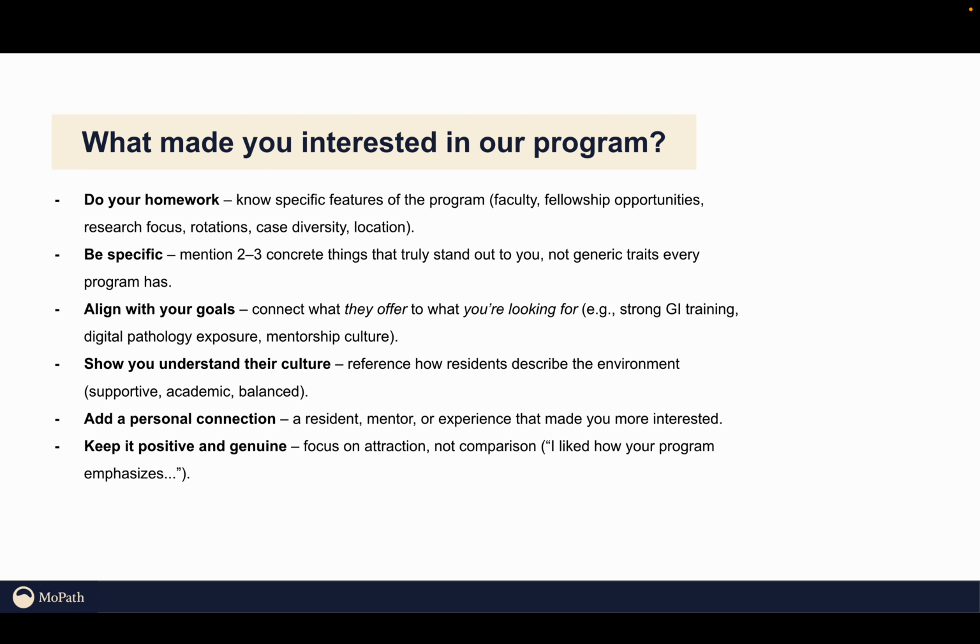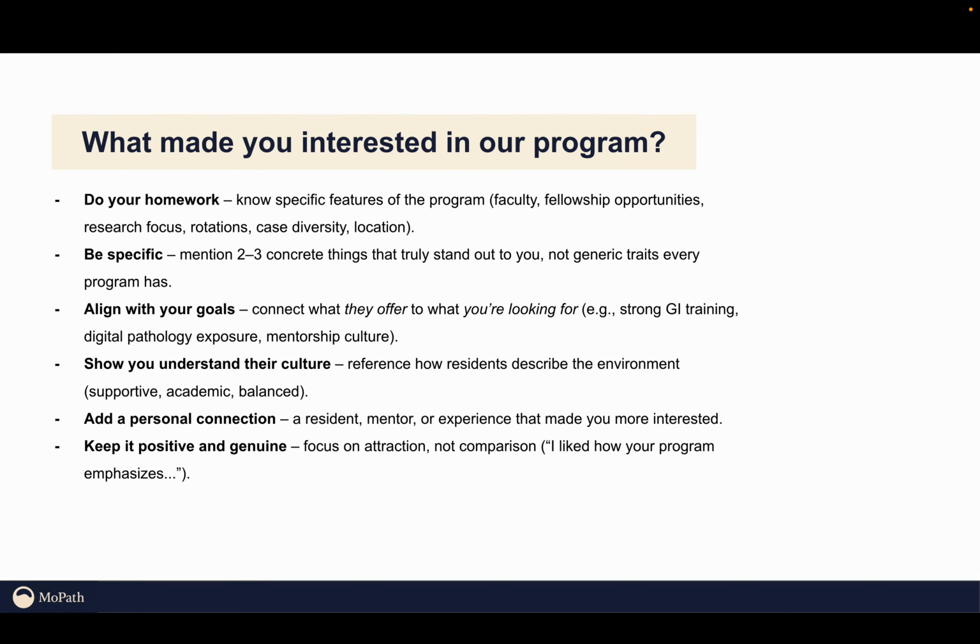Also, it's good to align with your goals. Let's say if you are interested in GI, and this program can offer good GI training, it's good to connect that with your answer.